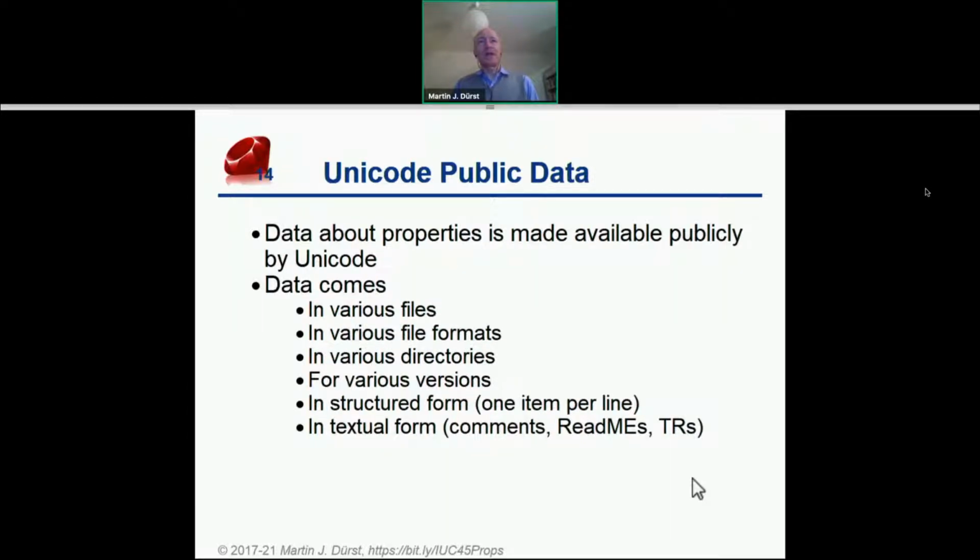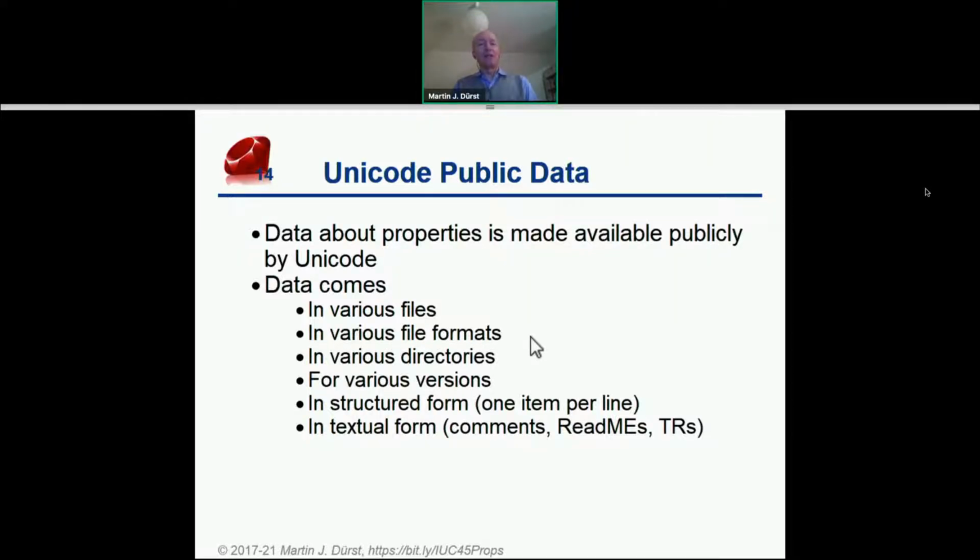Okay, so how does Unicode publish its data? Data about properties and other stuff, properties in a very, very wide sense, is made publicly available by Unicode. If it's not public, then it's of no use to most people. The data comes in various files. These files have various file formats. It's not so much about whether it's a GIF or a PNG or something like that.